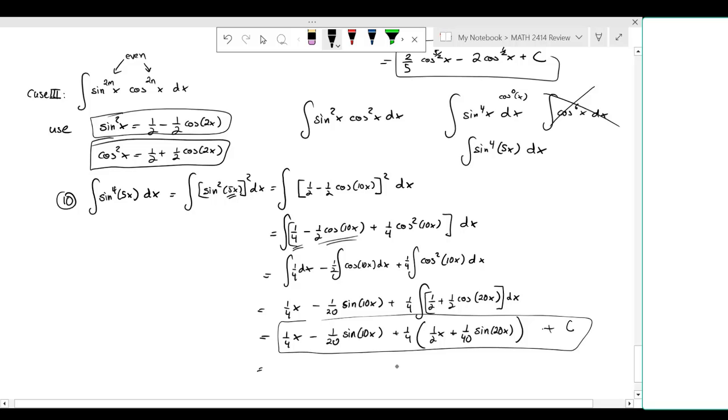I guess we could do that. We got 1/4 and 1/8. And then, well, we can't combine these sines, right? Because they have different arguments. So we would just leave it like that.